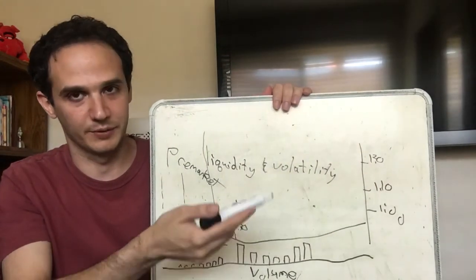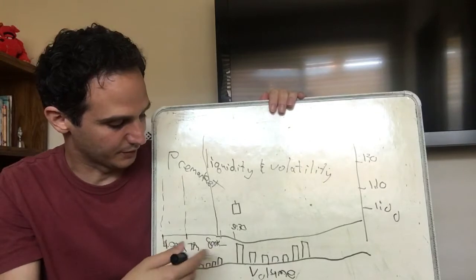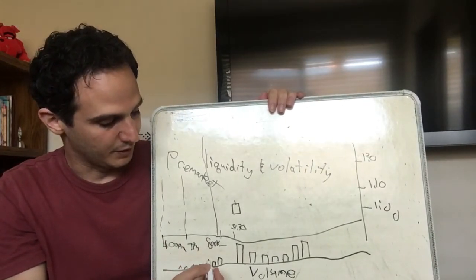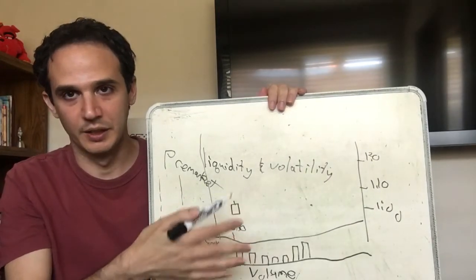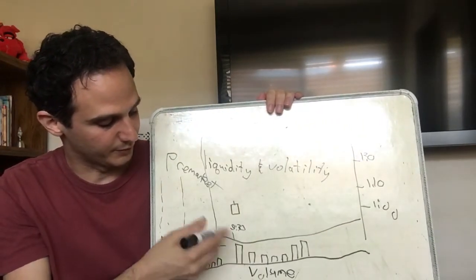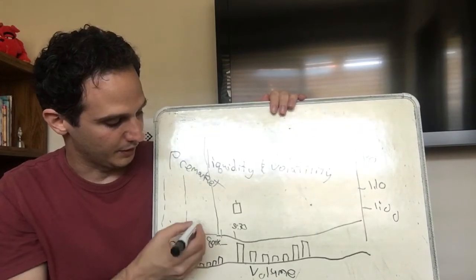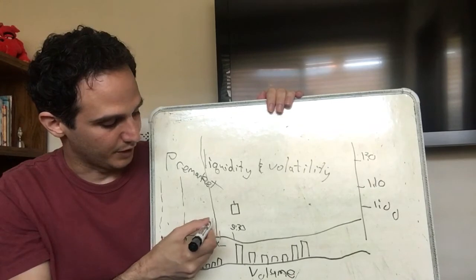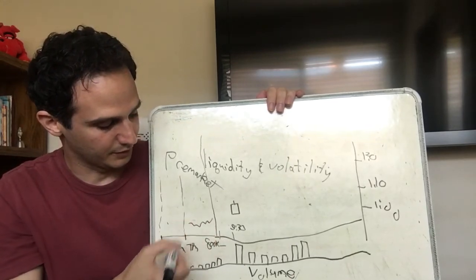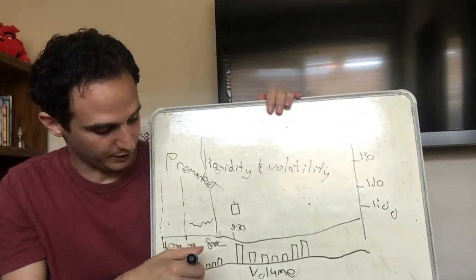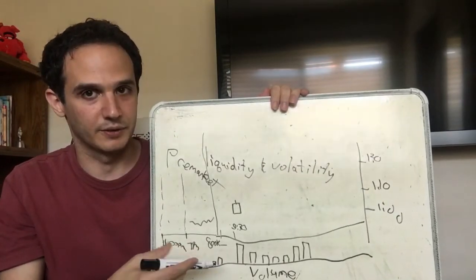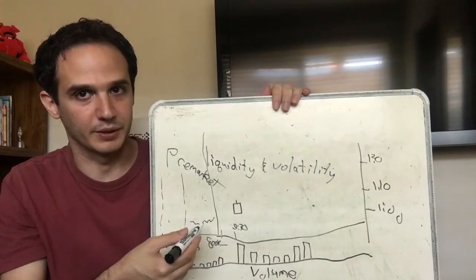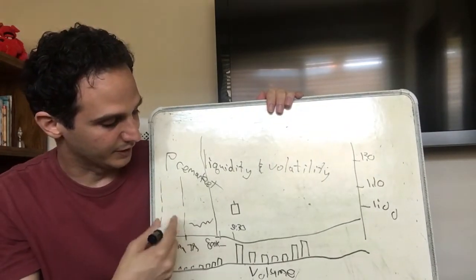Let's say you wanted to buy 10,000 shares during pre-market, and we said we don't want to be more than 10% of the volume, and the stock pre-market was around $1. Since the volume is very low here, it's not ideal to buy pre-market because it's not that liquid.